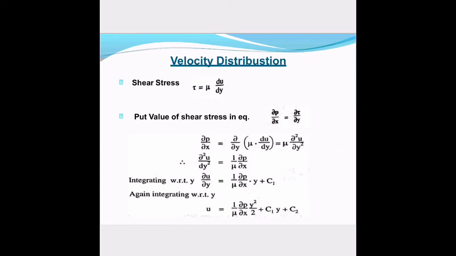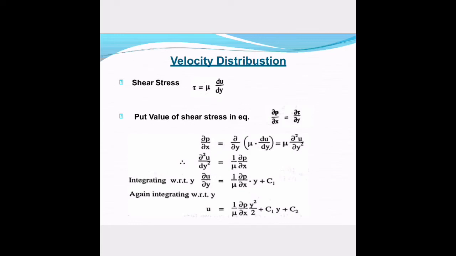If you integrate this equation again, then you will have the velocity equation as u equal to 1 by mu del p by del x y square divided by 2 plus c1 y plus c2. Mark this as equation number 2.